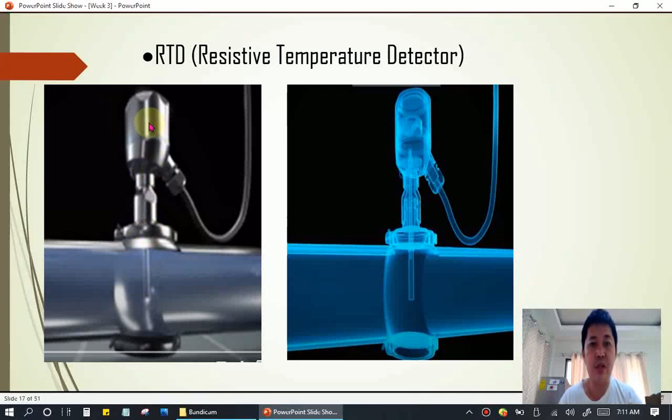So to the controller, and it sends to what we call the thermometer, which is the reading. So that is the RTD, resistive temperature detector.